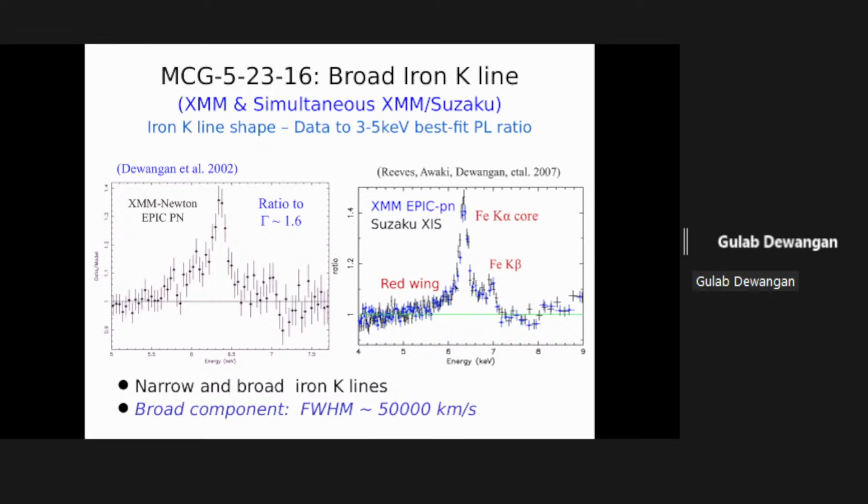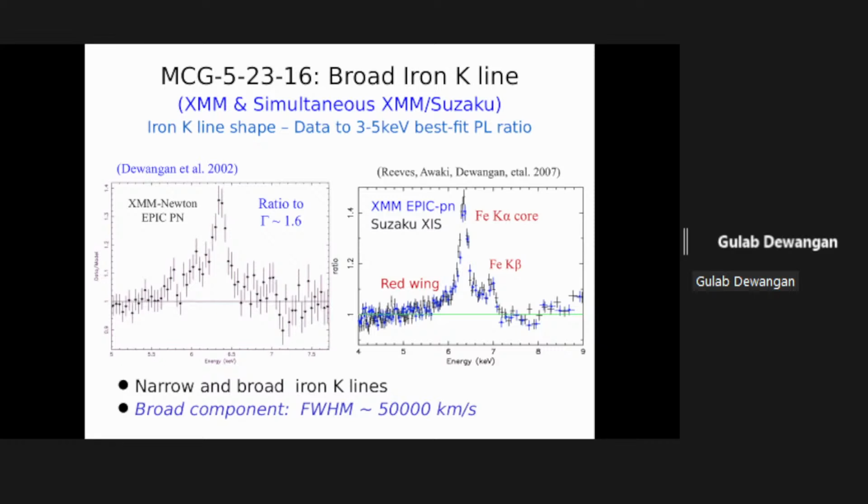And then, in addition, if you remove these components, there is a broad component like this. If you measure the width of that broad component, it turns out to be about 50,000 kilometers per second. You will recall that yesterday I mentioned that in the optical and ultraviolet we observe broad emission lines with a typical width of about 5,000 kilometers per second.